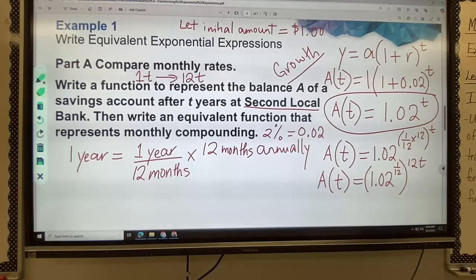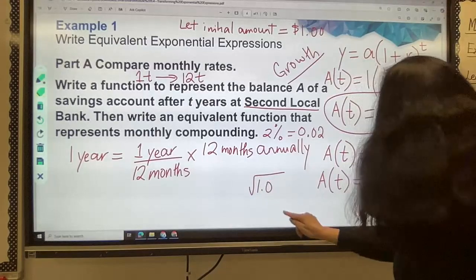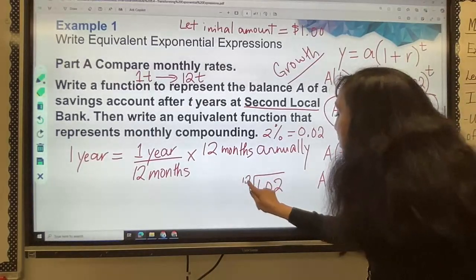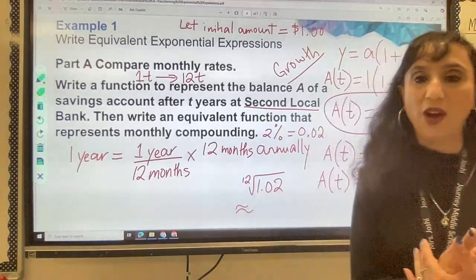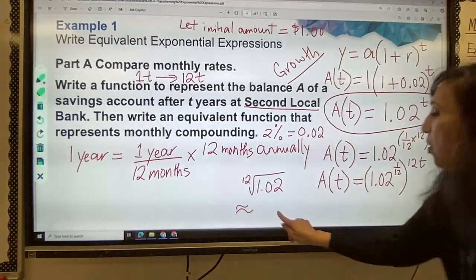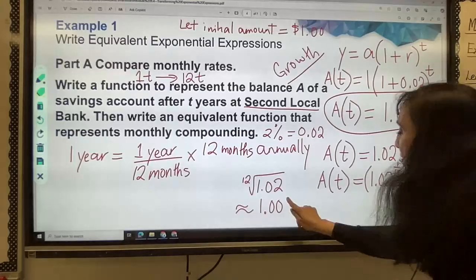Okay? And if I look at 1 in 200 to the 1/12, what does this actually mean? This means that this is going to be the 12th root of 1 and 200, which is approximately, when I'm using the calculator, and it's an approximation because now I'm rounding, 1.00165.